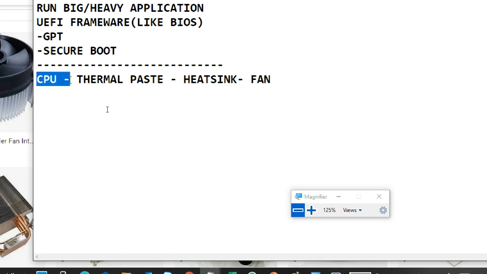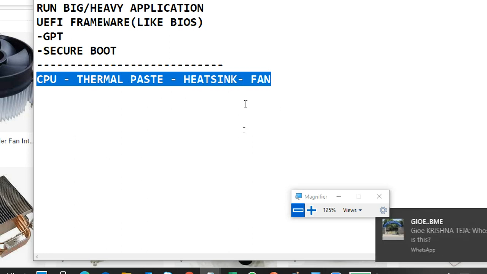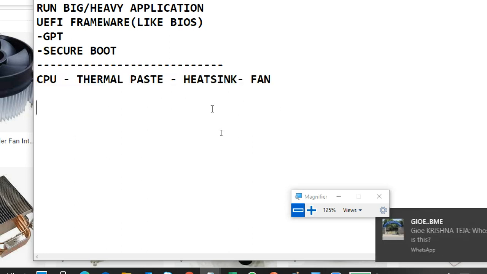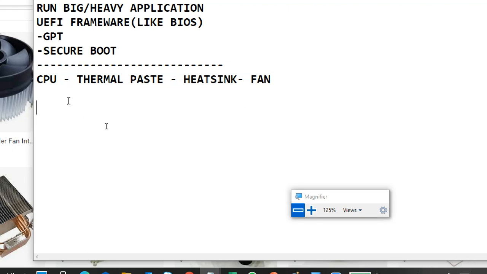So CPU heat cannot escape from the CPU, and the CPU will get overheated. When it is overheated, it means the CPU will burn.